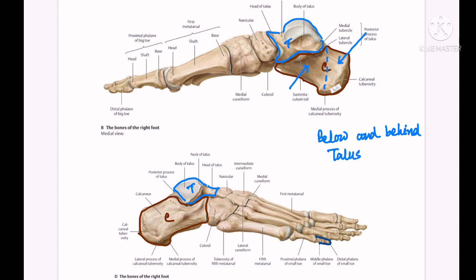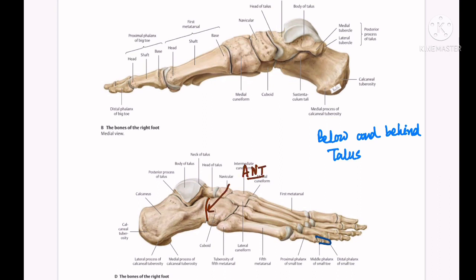Now the calcaneus presents 6 surfaces. So let us see what are the surfaces of the calcaneus. From this type of view, we can easily make out the following surfaces. First of all is the anterior surface, this one.